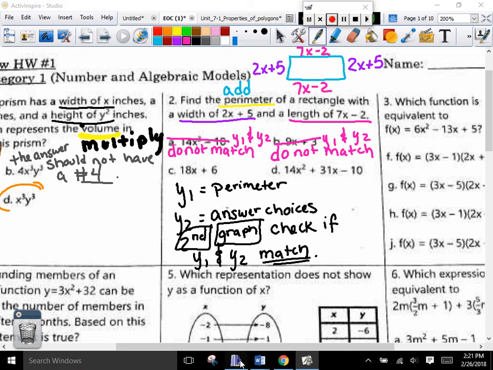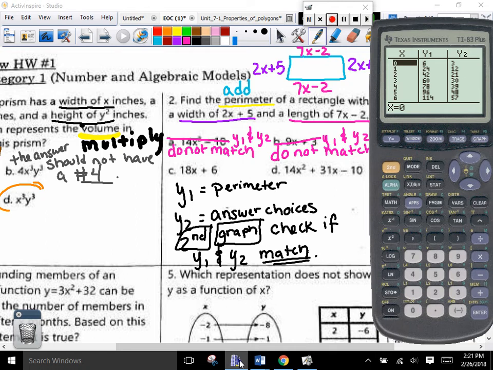Now let's look at letter C. So y equals, the first one stays the same because it's my problem. Then the second one, I am going to clear it, and I am going to put answer choice C. So I'm going to put 18x plus 6. Second graph, and I'm going to make sure that my y's are equal.